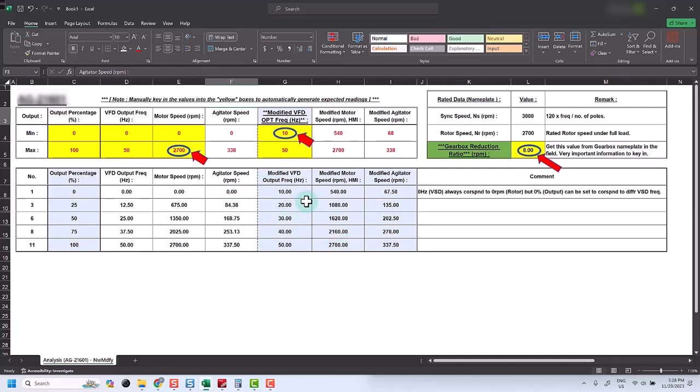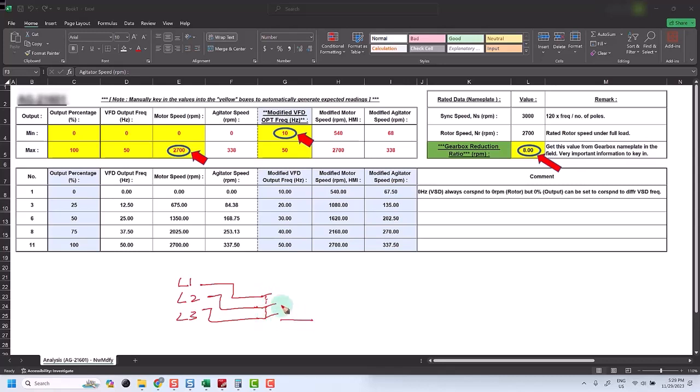Okay, let's say I have a three-phase power supply, L1, L2, and L3. And then this three-phase power supply will go through an isolator.